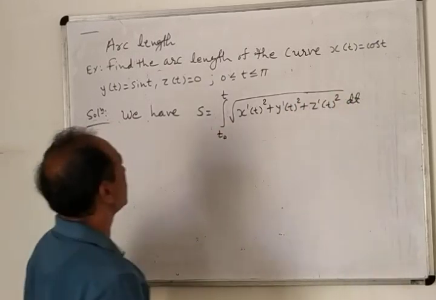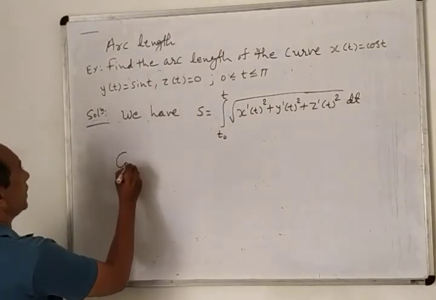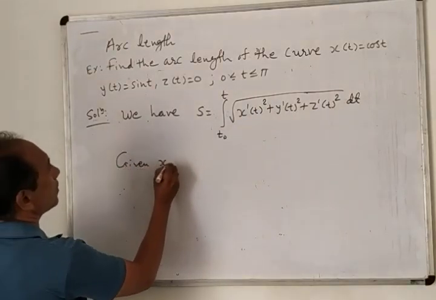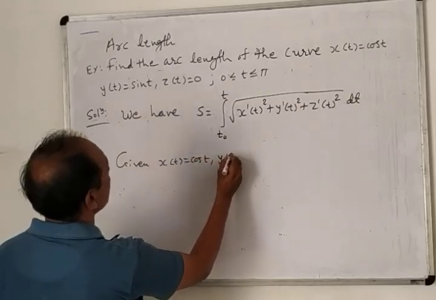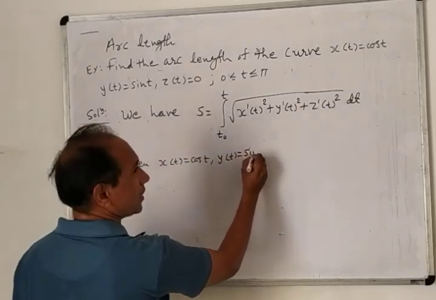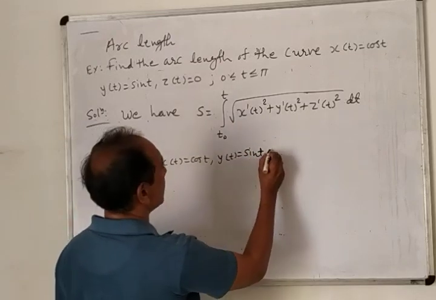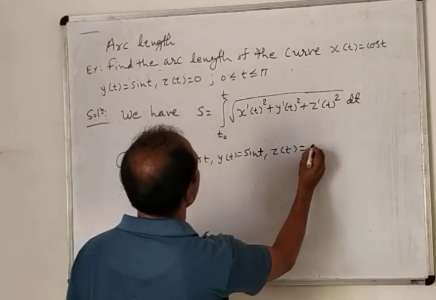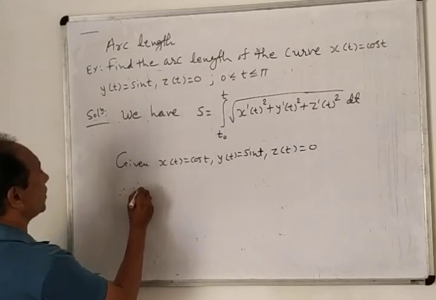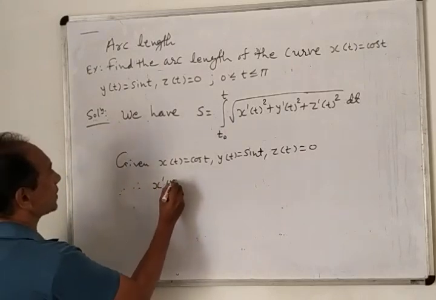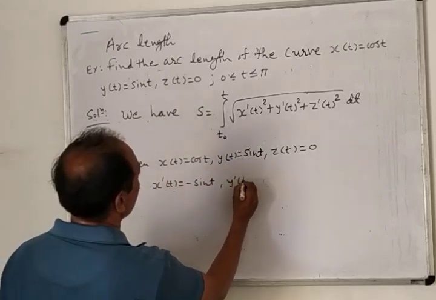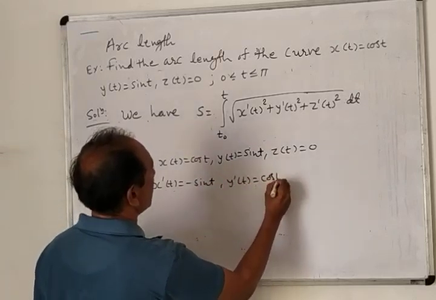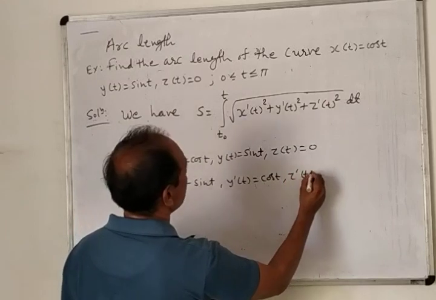Okay. So what is given? Given that x(t) equals cos t, y(t) equals sin t and z(t) equals 0, we find the derivatives. x dash t equals minus sin t, y dash t equals cos t and z dash t is obviously 0.